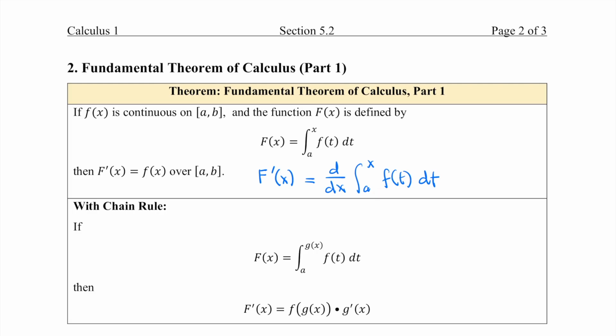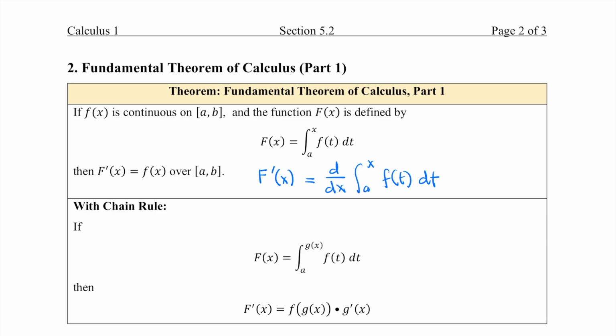Now, what if the upper limit is not just x, but a function of x? If we define big F of x equals the definite integral from a to g of x of small f of t dt, then we have to apply the chain rule.